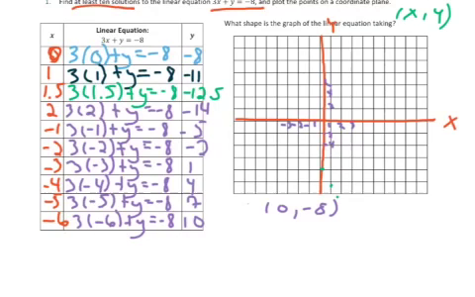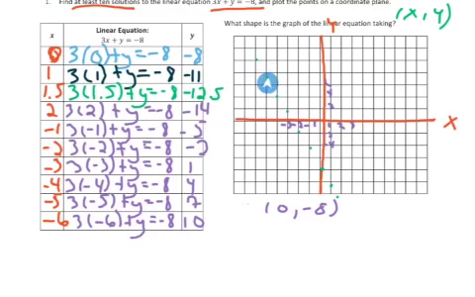The next one I would have would be negative 1, negative 5, which is here, negative 2, negative 2, negative 3, positive 1, negative 4, positive 4, negative 5, positive 7, and lastly, negative 6, positive 10.